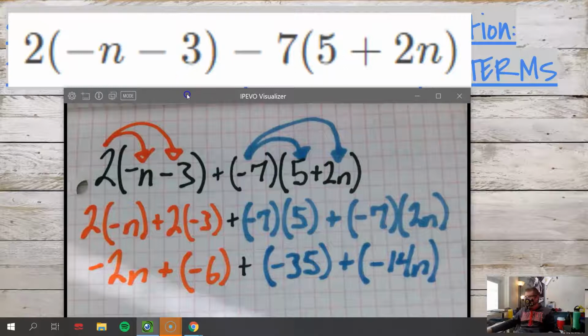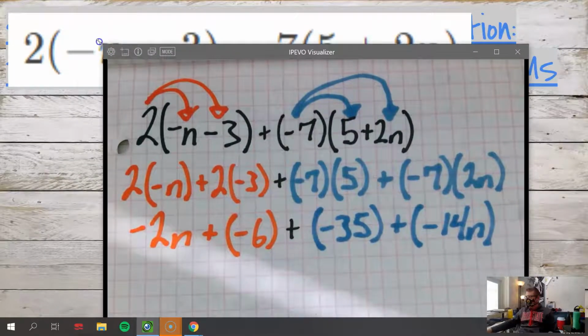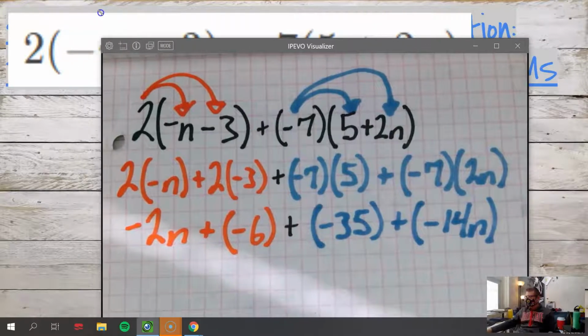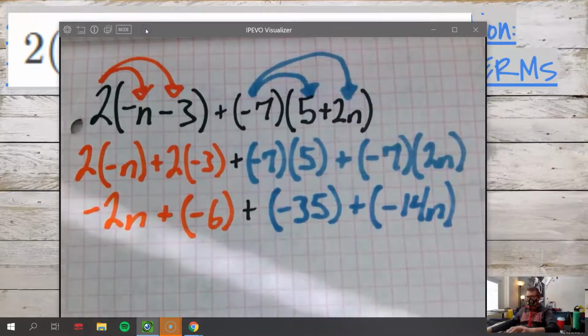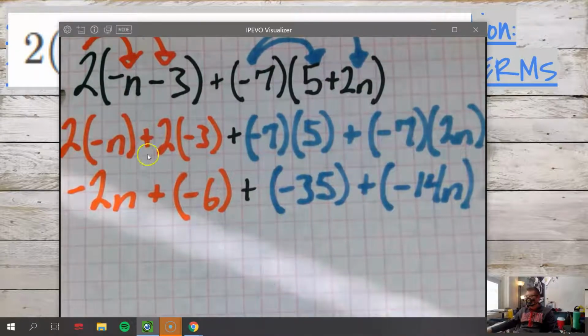Any questions on this? We drew the arrows. We wrote out what multiplication is going to happen. So everyone's good with us getting to negative 2n, negative 6, negative 35, and negative 14n.